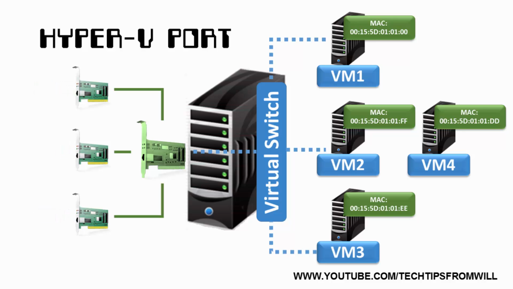Although Hyper-V Port is very good at load balancing traffic at the virtual machine level, perfect load balancing is still not guaranteed. For instance, it is possible that the 2 virtual machines that share the same adapter could be very bandwidth-intensive machines. Meanwhile, the other 2 virtuals that have their own adapters may not utilize the bandwidth so much.